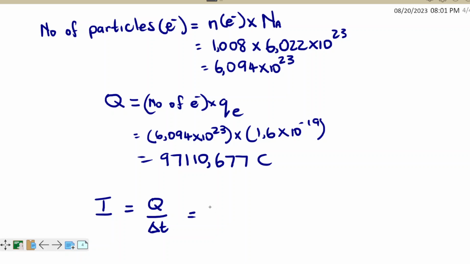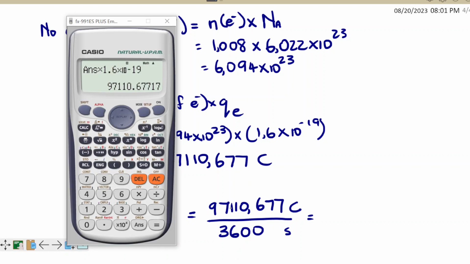So it's going to be 97,110,677 divided by the time. Remember the time is 1 hour, but you must convert it to seconds. So this is coulombs, this is seconds. Divide that by 3,600.